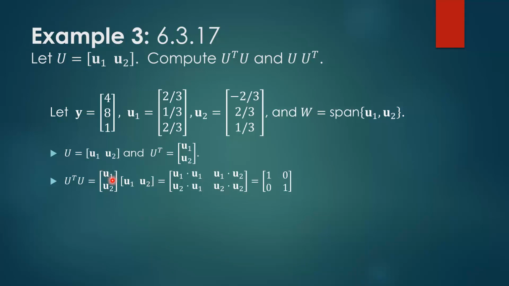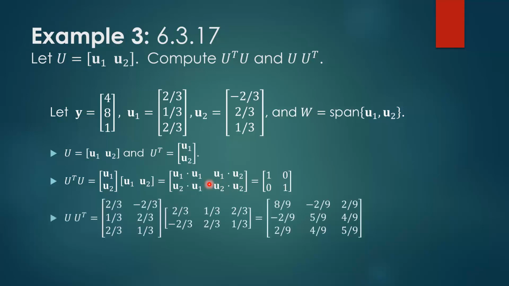And for this, it's convenient enough to just take the dot products of these things, because that's essentially what you're doing. And again, these are orthonormal basis vectors, so when you dot a vector with itself, you get 1, and when you dot it with the others, you get 0. Now, doing the multiplication the other way is a little bit more complicated. So now let's get a glimpse of what U looks like and what U transpose looks like.